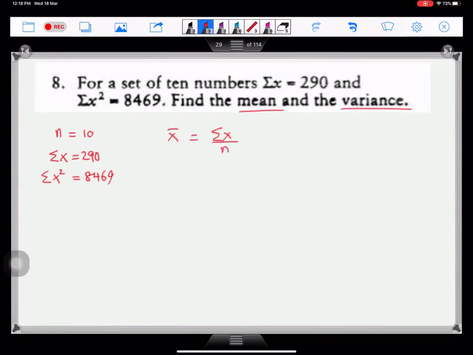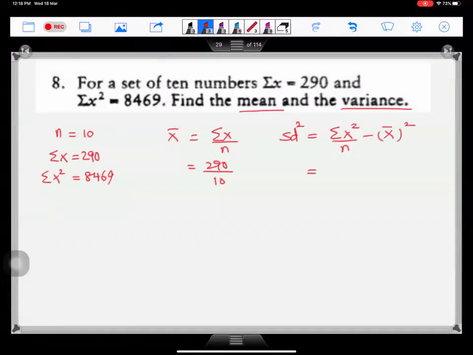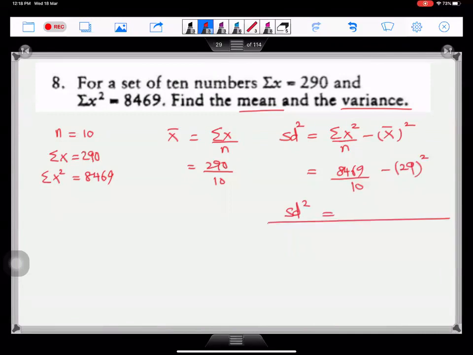Sigma x over n, which is 290 over 10. Variance, SD square. Therefore, sigma x square over n minus x bar square. This is 8469 over 10 minus 29 square, and that is your answer because they're asking for variance. If they would have asked for standard deviation, it would be square root of this answer.